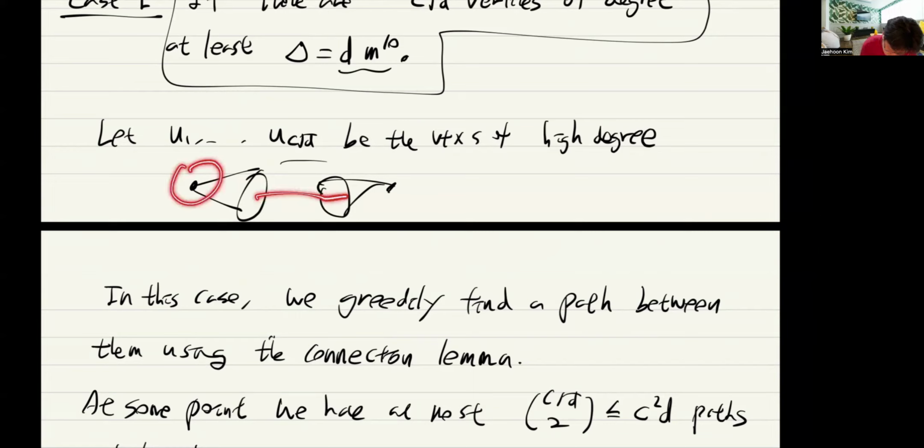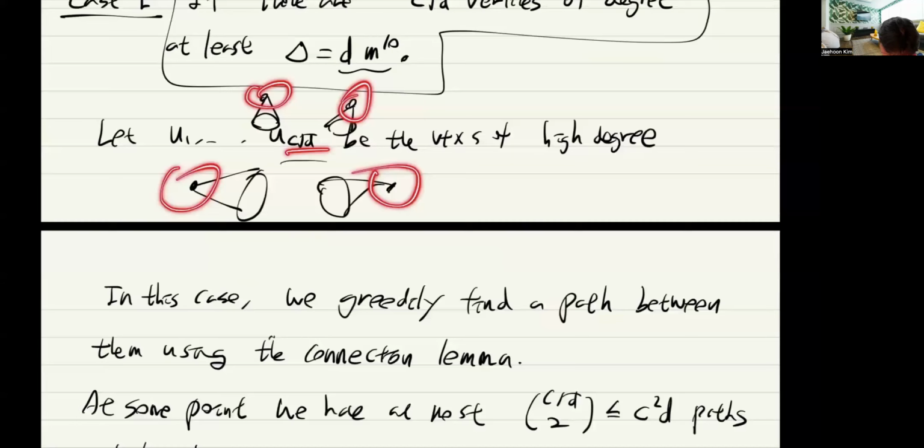While doing that, you wanted to avoid this part. When you are connecting these two, you want to avoid other paths as well as the high degree vertices. The number of high degree vertices is also small enough so that avoiding them is good enough. And yeah, that was the case.